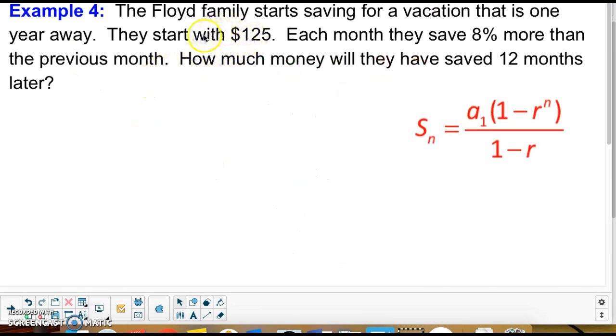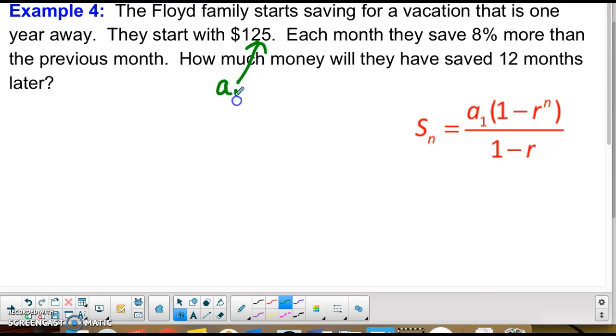Okay, so we're going on vacation. Yay, it's almost summer break. And we are going to find the sum of money that we'll have if we start with 125 and we save 8% more each month than we did the last month. And we want to know how much we'll have after 12 months, or that year. So the 125, that's our A1.